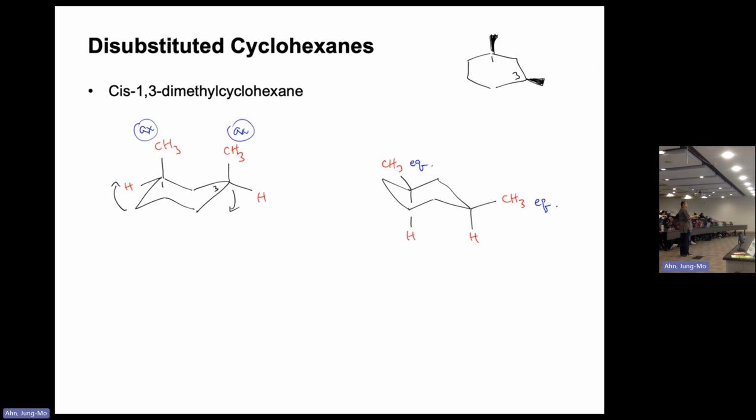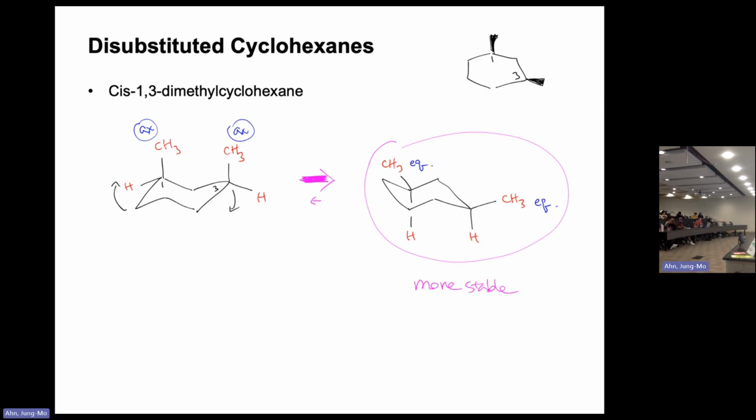So again, axial becomes equatorial, axial becomes equatorial, whenever you change the conformation. Which one is the most stable? The one with the fewer axial substituents is the most stable, right? More equatorial. So this is the most stable chair conformation of cis 1,3-dimethylcyclohexane.